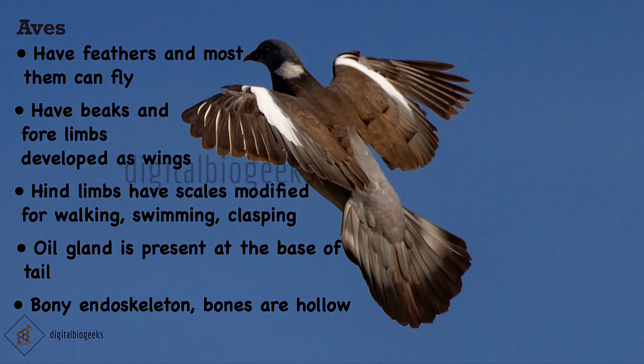That makes them light-weighted. In many birds, the expanded region of esophagus forms a thin-walled crop, which is the bird's principal organ for the temporary storage of foods. Some birds use the crop to carry food to their young ones. And gizzard is present. Gizzard aids in digestion.